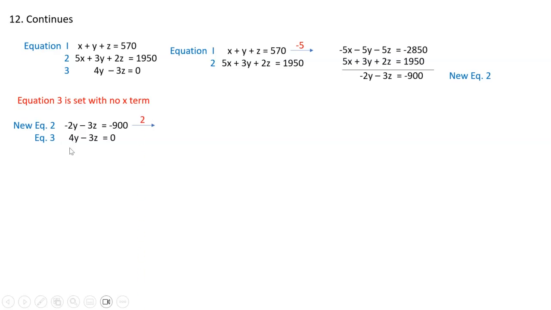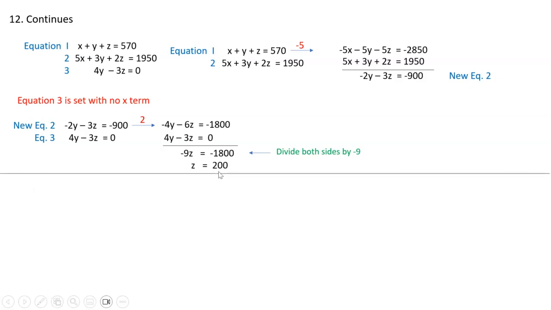They'll be eliminated. Multiplying 2 times every term on equation 2 gives us -4y minus 6z equals -1800. After we add them, we get -9z equals -1800. We divide both sides by -9, and it gives us z equals 200.